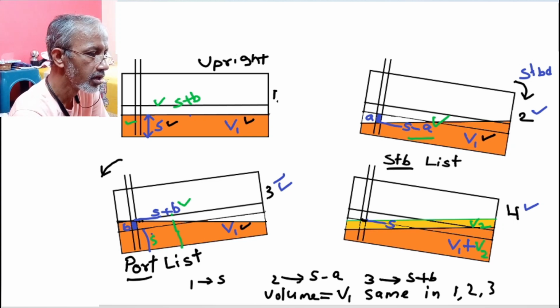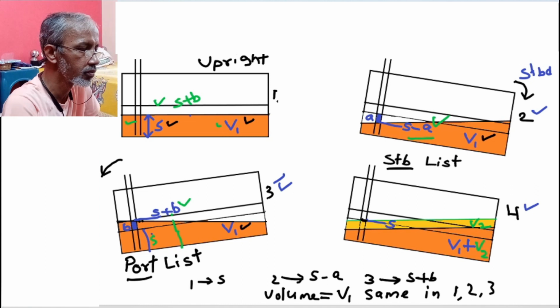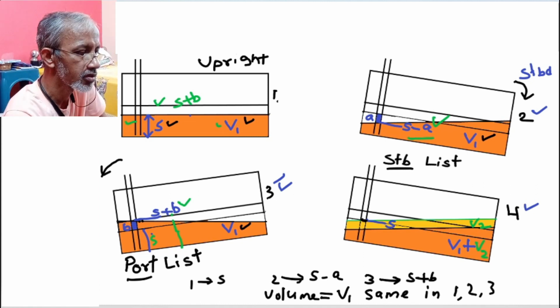So we'll have to apply the corrections for the listing conditions, which will give us the correct sounding of S in the upright condition, and only then will the correct volume of V1 be obtained. So it is very important to apply the corrections for the listing of the ship towards either side to get the exact volume.